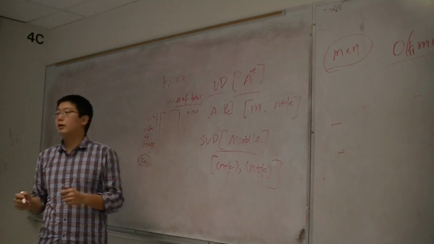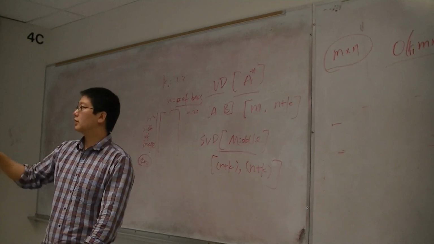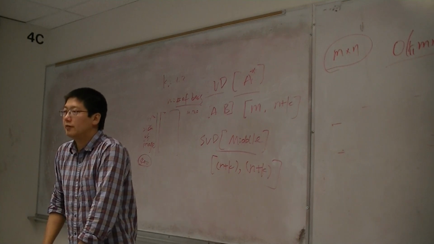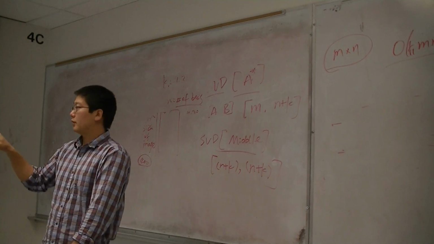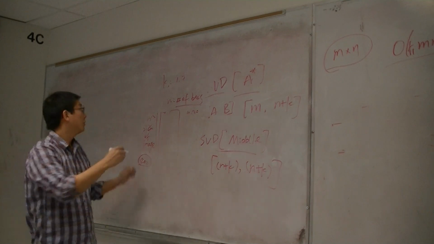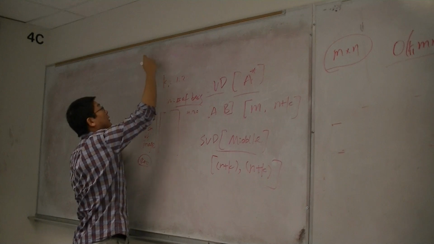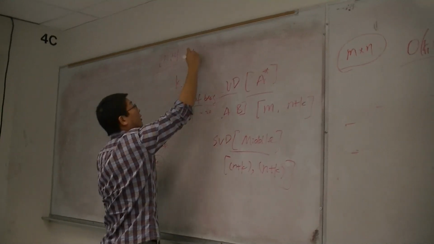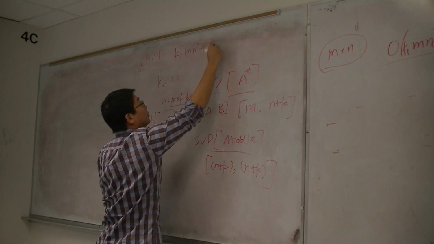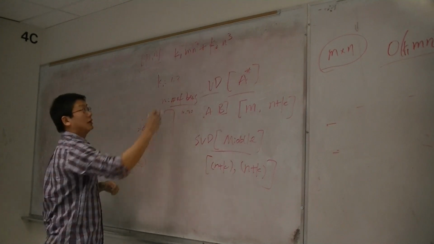In some documents, for calculating the singular value decomposition, the best complexity we can get for an m by n matrix is k1 m n squared plus k2 n cubed, something like this.